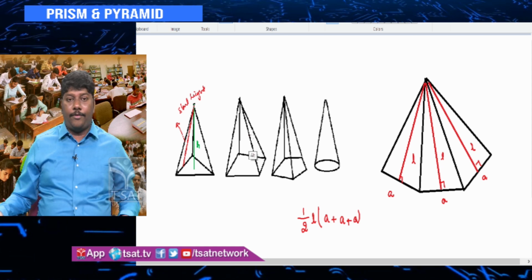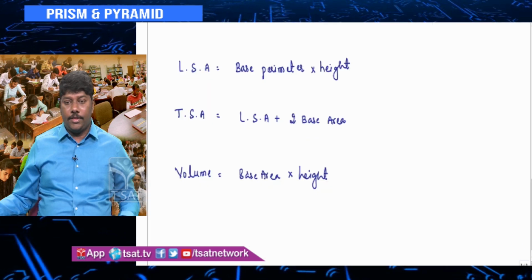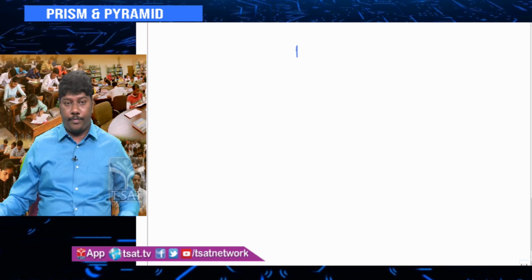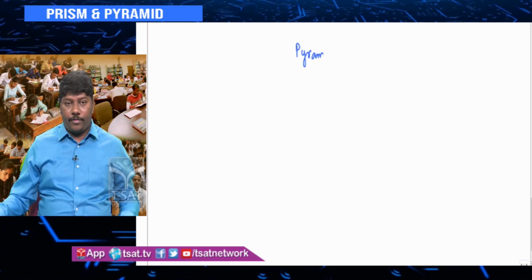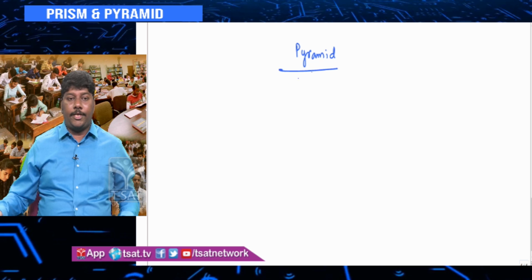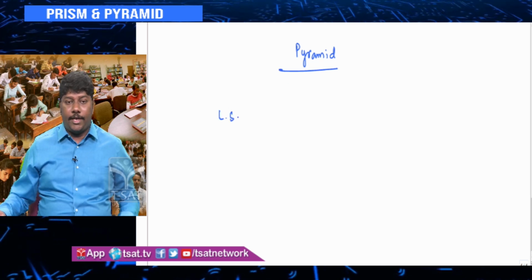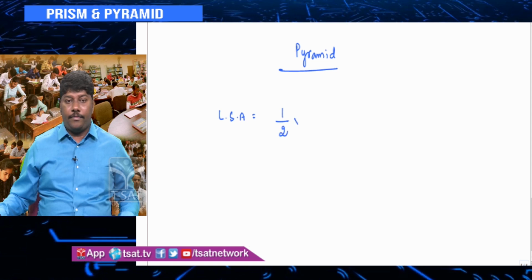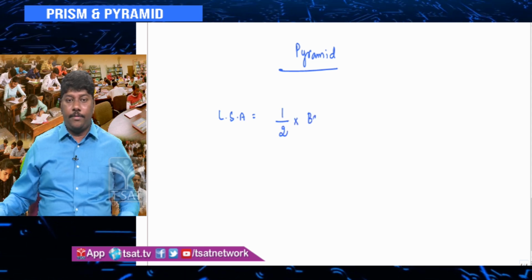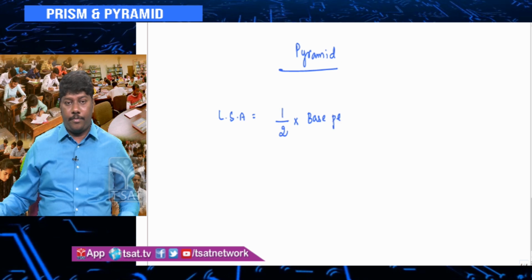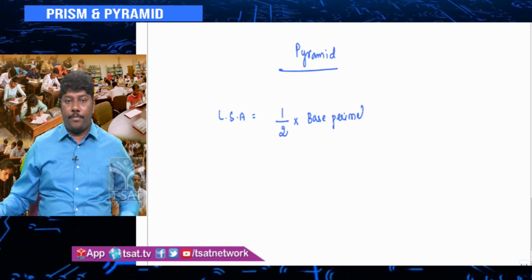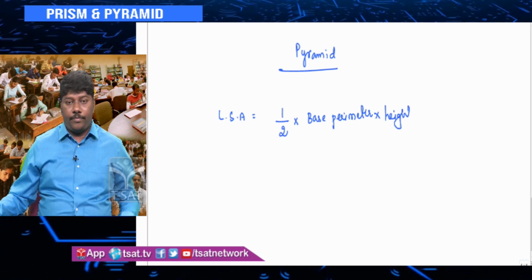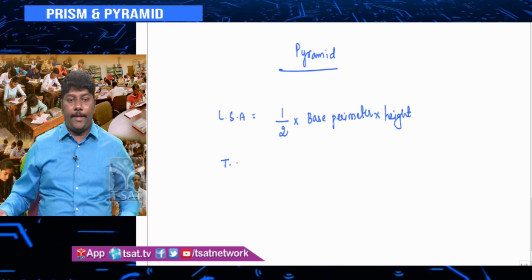So, let us look at the formulas. These are the formulas of the prism. Now, look at the pyramid. We have already seen the explanation. So, lateral surface area is, as you know, half of base perimeter into slant height. How do I find the total surface area?